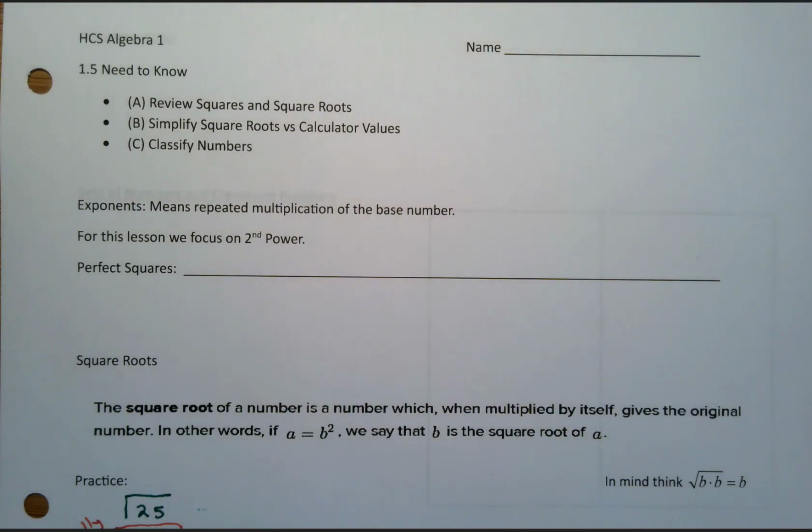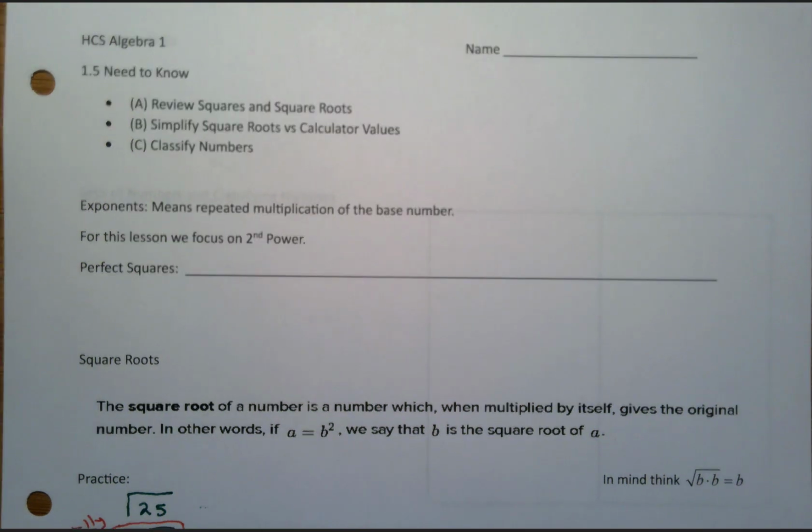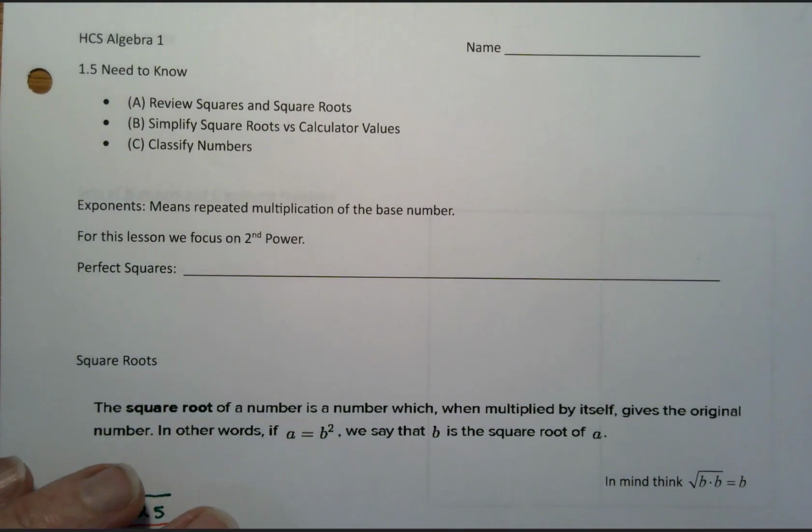In 1.5, we're going to look at 2 big things. One thing is the square root, and the second big thing is how to classify numbers. And so let's jump right in and talk about squares and square roots. So first, there is this thing called an exponent.